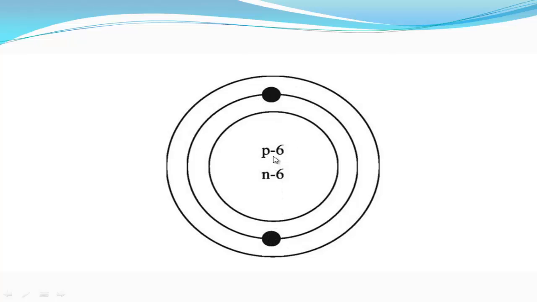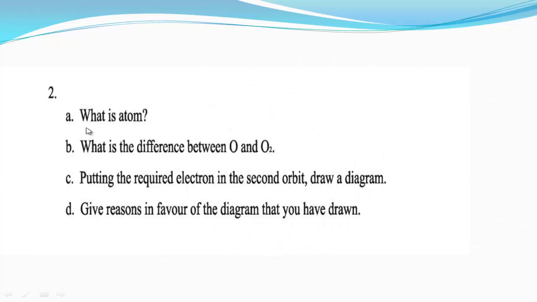So since the proton number is 6, obviously there will be 6 electrons, isn't it? But in the first energy shell, 2 electrons are given, so 4 electrons are present in the other energy shell.